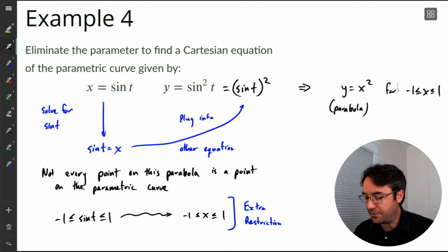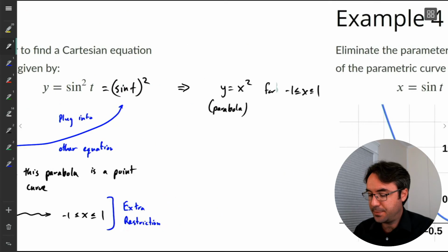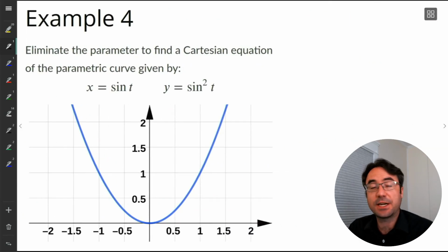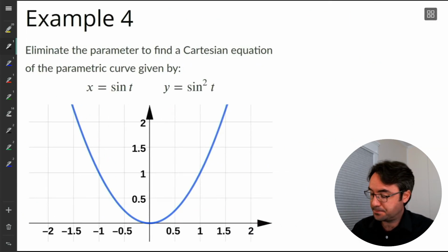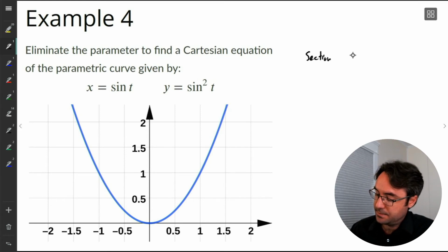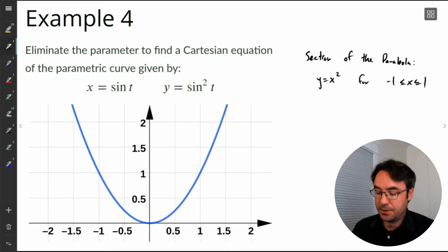So if we were to graph this parametric curve, it's going to be a section of the parabola. So we want to draw the section of the parabola y equal to x squared for x between -1 and +1. Here we've graphed the whole parabola y equal to x squared.